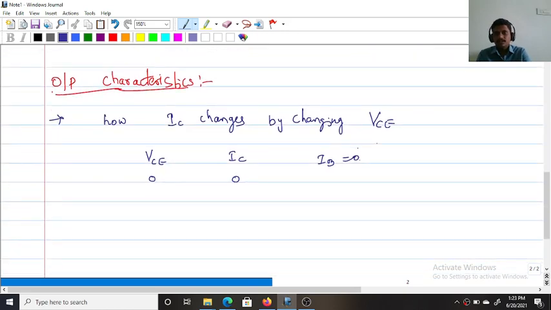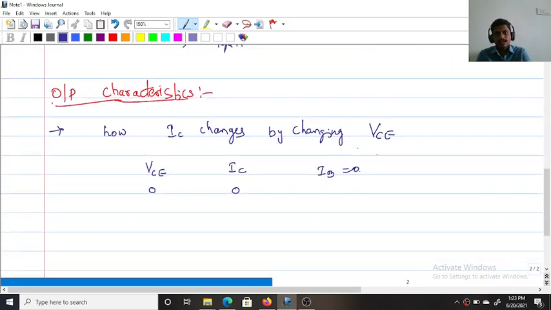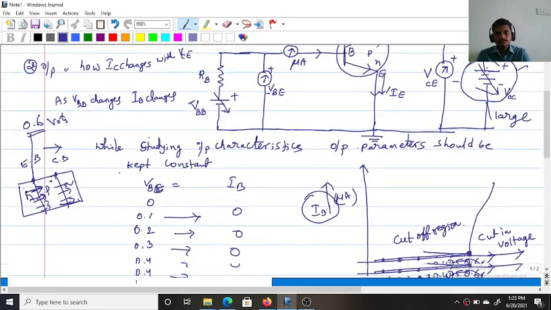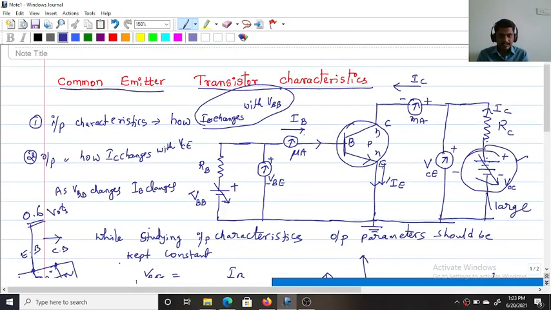Now I'm studying only the output characteristic. What happens when IB is 0? Keeping IB 0, if you change VCC, whatever the change in VCC, the collector current does not change.